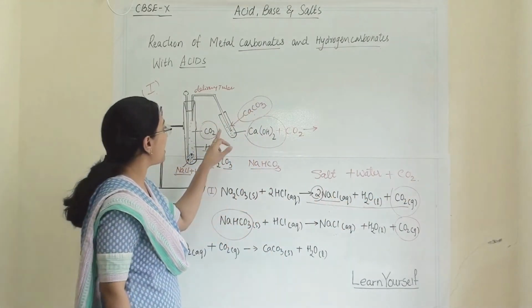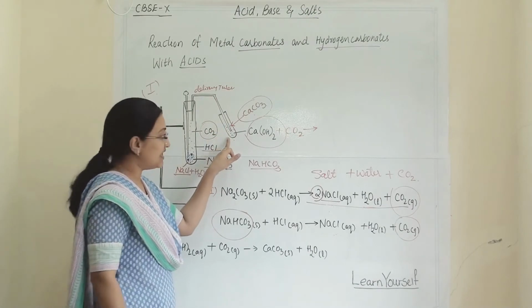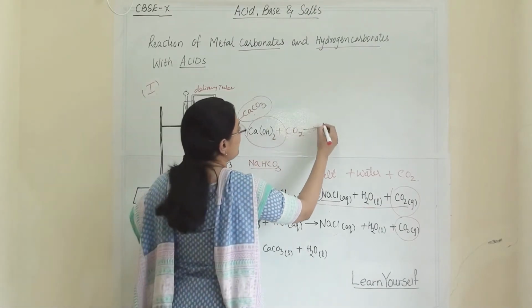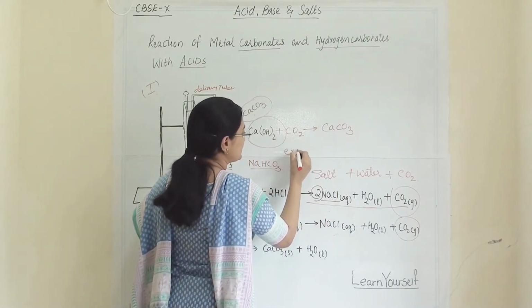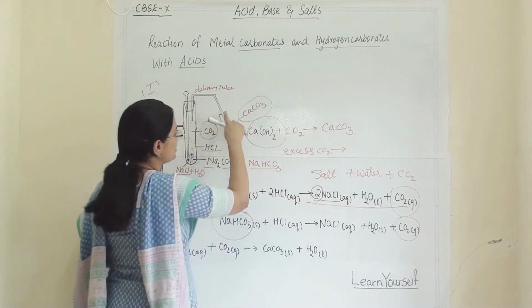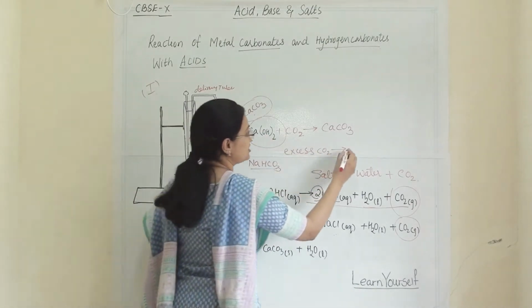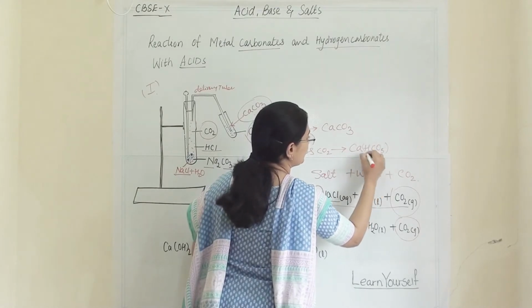If we pass excess carbon dioxide in this, then, earlier we were getting calcium carbonate. If we pass excess carbon dioxide through this delivery tube into this solution, then we will get Ca(HCO3)2.